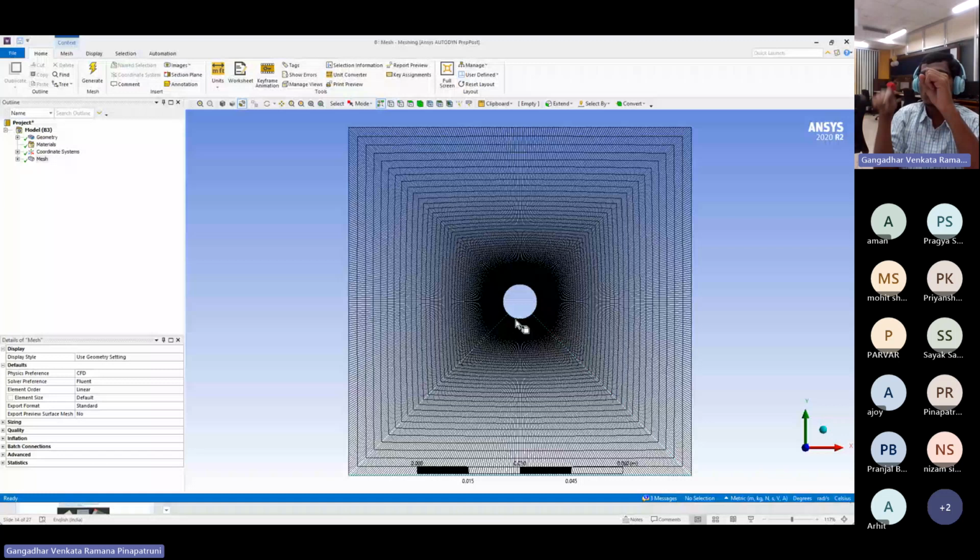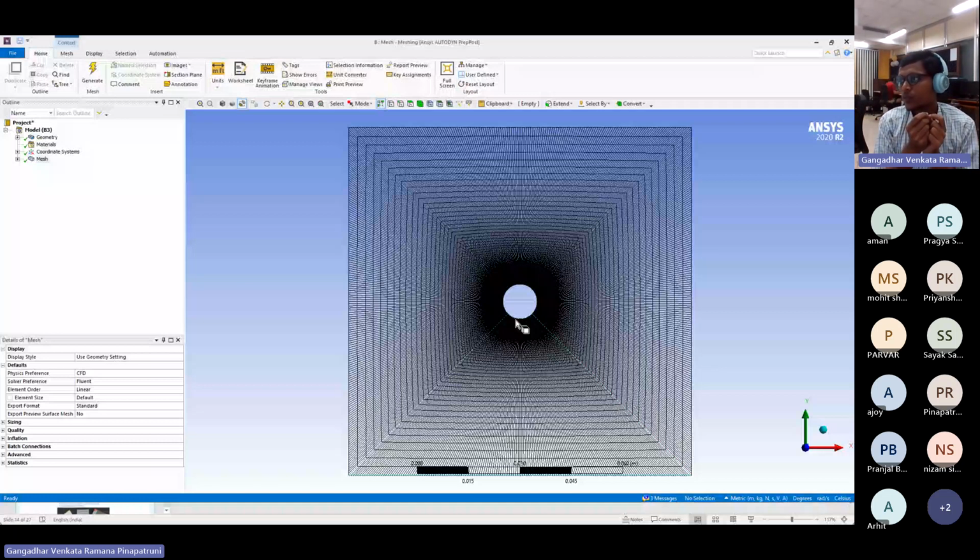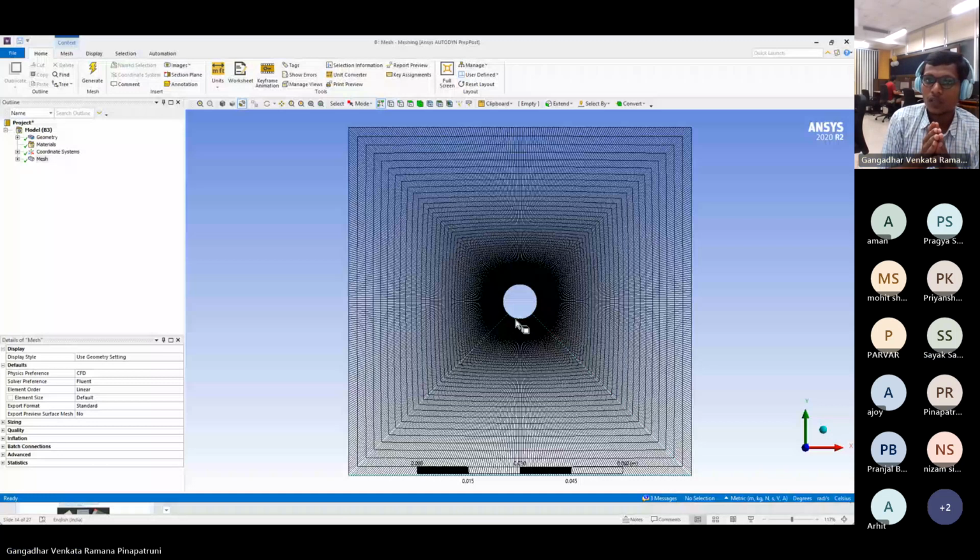I am taking a square space around the circle and discretizing the domain. The domain means the area between the circle and the square. That is my domain. I'm discretizing the complete space into small boxes that we call mesh. So I hope everyone is clear up to this part. Okay. Next, you need to simulate this.